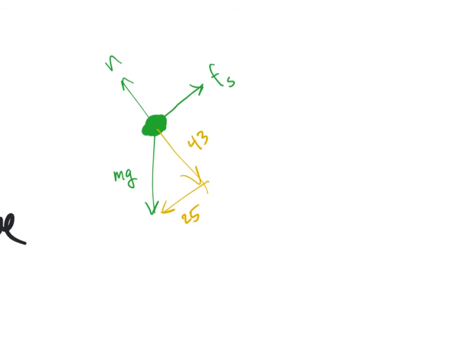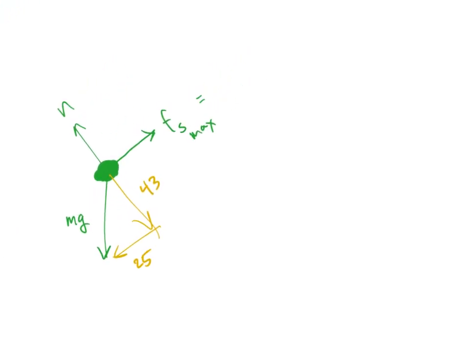And if we now look at the static friction force, I'm going to see what Fs max is. Fs max is going to be 0.6 times 43. That's mu s, which is 0.6, times the normal force, which is 43. And what is this?